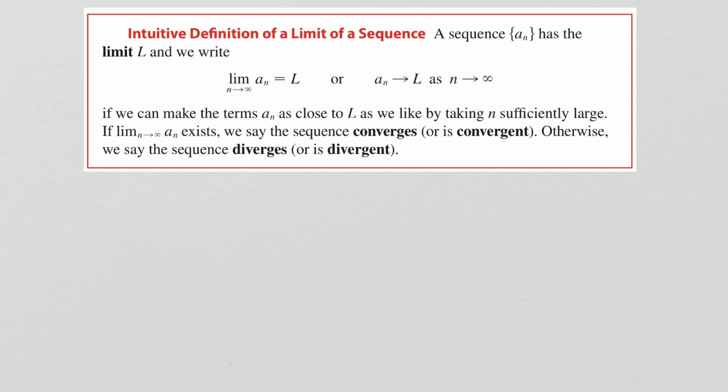If this limit exists, then we say the sequence converges or is convergent. Otherwise, we say the sequence diverges or is divergent. And so if the limit exists, if it's equal to a number, then we say that the sequence converges to that number. Otherwise, we say that it diverges.